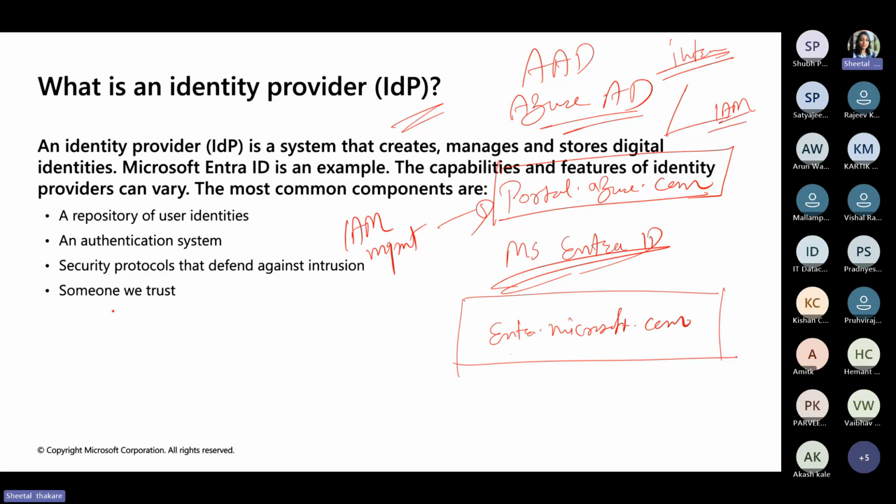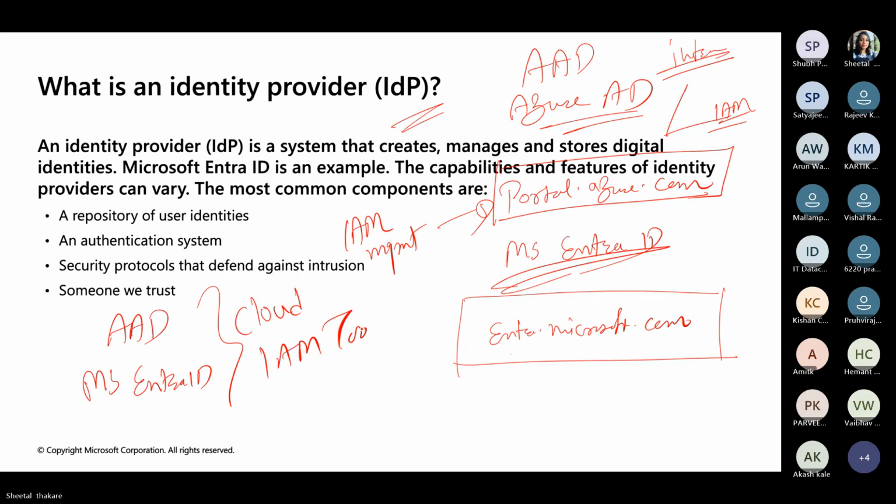So when we say Azure AD, Microsoft Entra ID, these are cloud IAM tools. What if my organization is not using public cloud? You are in an on-premise environment.